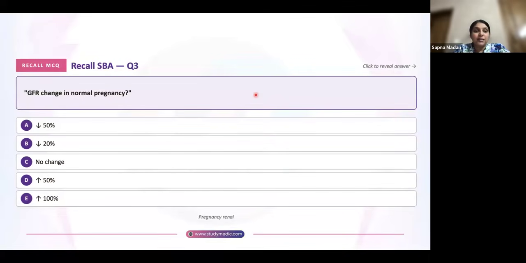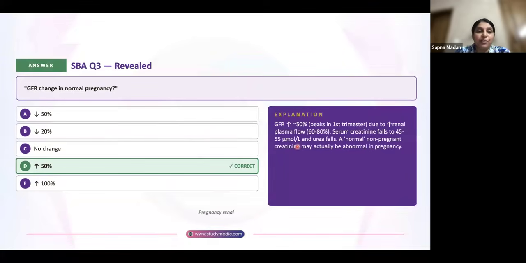GFR change in normal pregnancy, is it reduced by 50%, reduced by 20%? There is no change. It is increased by 50%, or is it increased by 100%? So GFR increases by around 50%, and it peaks in the first trimester due to increase in renal plasma blood flow by 60 to 80%.